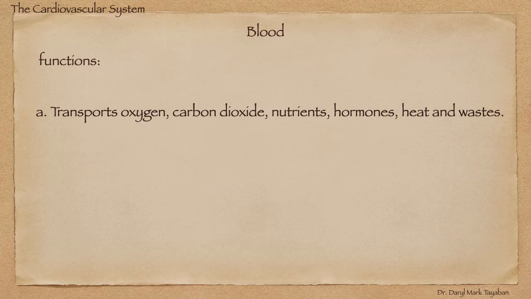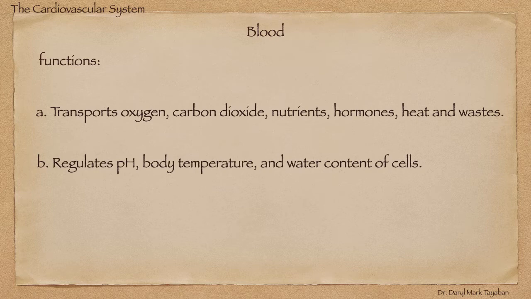Remember our topic about the cell during the introduction, or maybe when I was talking about homeostasis. Blood is one of the components. Another function is the regulation of pH and circulation.